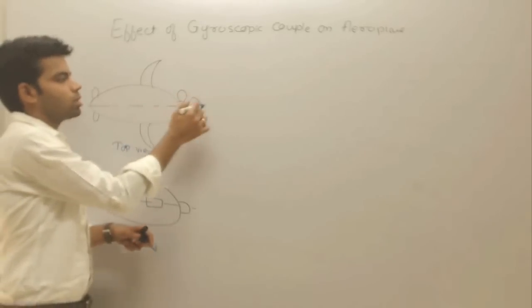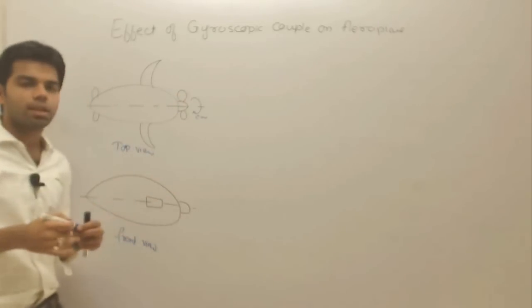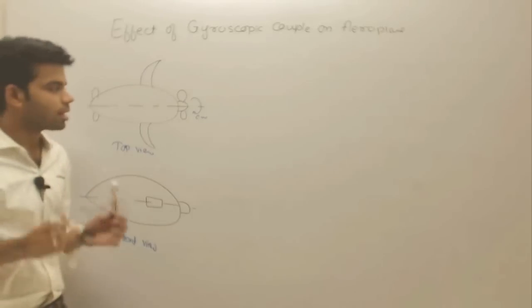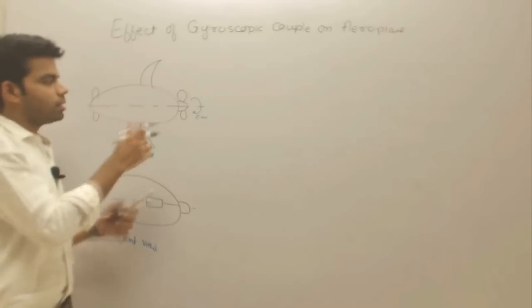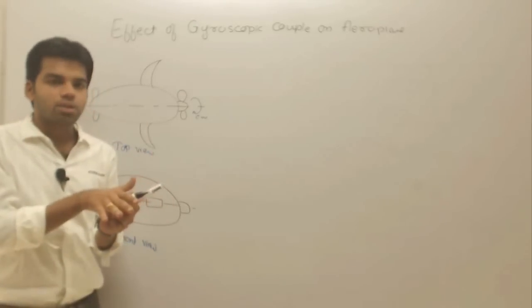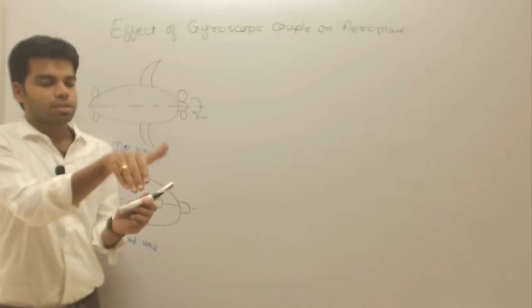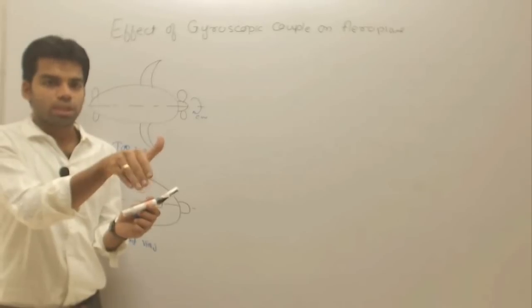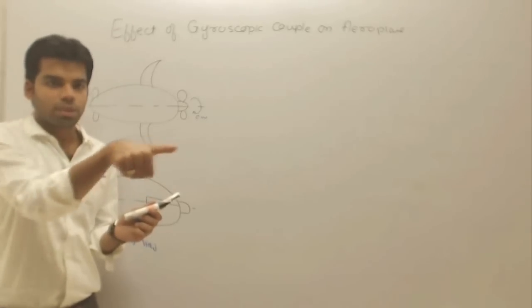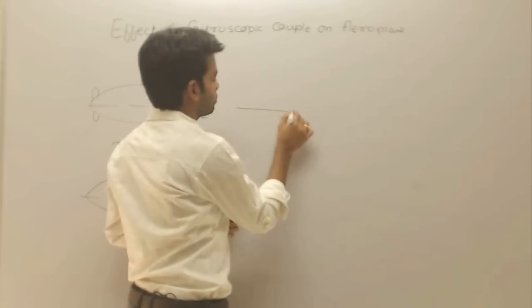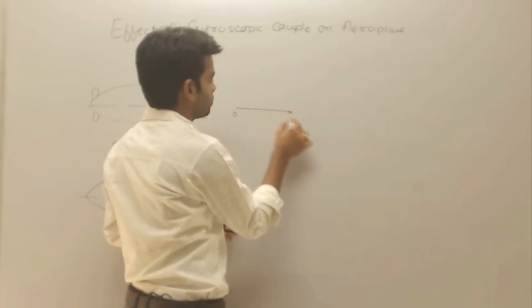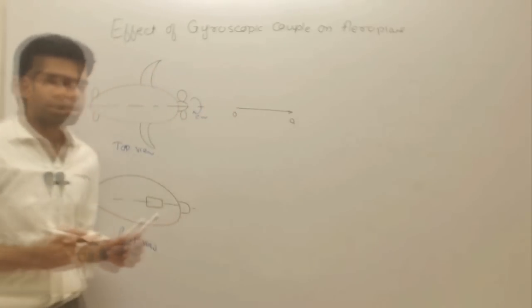This is the top view. So when this aeroplane is taking a left turn, then what will happen? Let us analyze this thing. So initially, what will be the angular velocity vector? In order to have the sense of that angular velocity vector, since the rotor is turning in a clockwise direction, the sense will be in this direction. So this will be along the axis of the rotor, and the sense is along this direction.